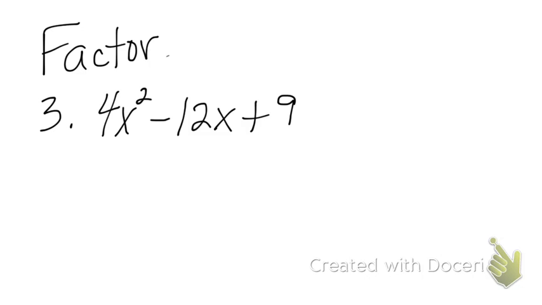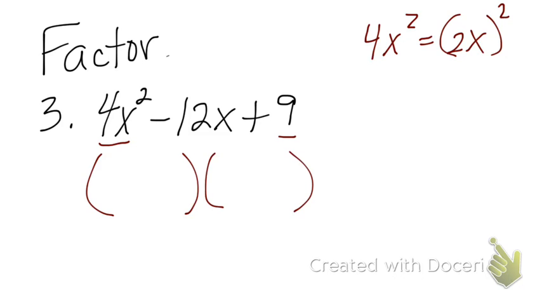Alright, so again, it looks like we have a perfect square trinomial. Notice the 4x squared, you could think of that as 2x times itself, or (2x) squared. Certainly the 9 is a perfect square. So we know 2x times 2x gives us the 4x squared. 3 times 3 gives us 9.